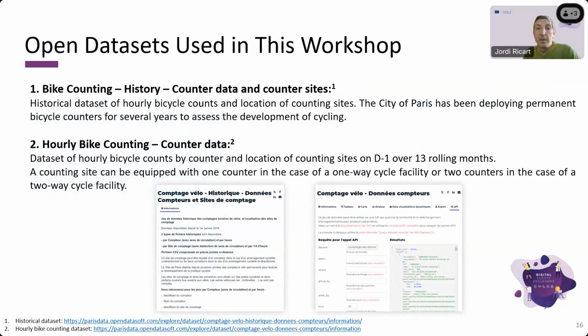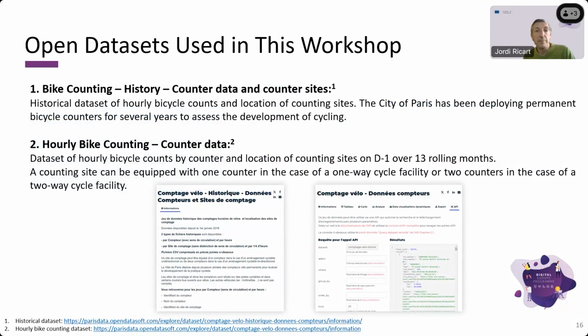For this workshop, as I mentioned, we'll be working with two main datasets. The bike counting history. This is a historical dataset of hourly bicycle counts and location of counting sites. The city of Paris has been deploying permanent bicycle counters for several years to assess the development of cycling. And the hourly bike counting.